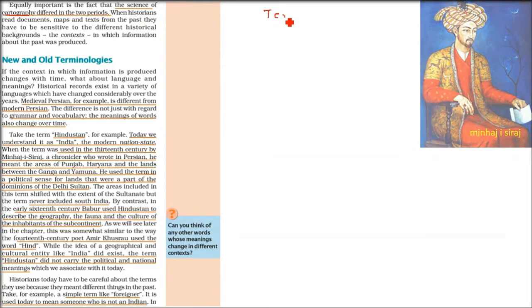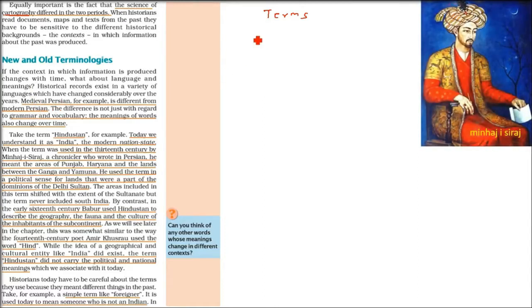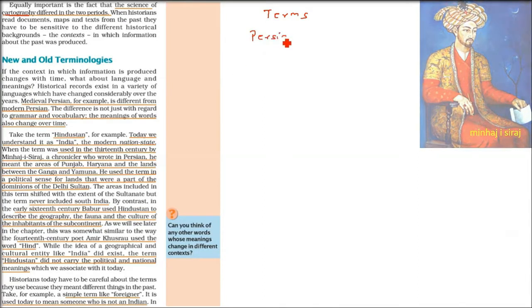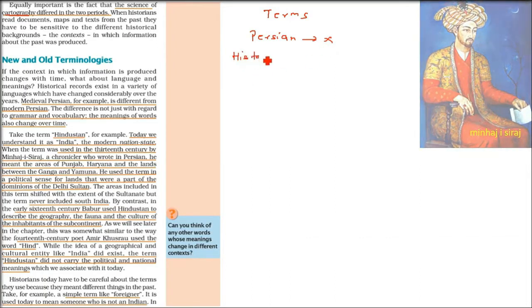Now coming to terms and terminology, the words in different languages. If you talk about medieval Persian, that is Farsi, Madhya Yug Farsi, it is all different. The words and terminologies are different from modern Persian, aaj ki Farsi.